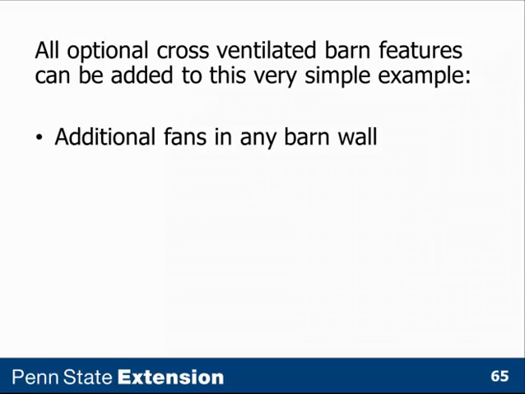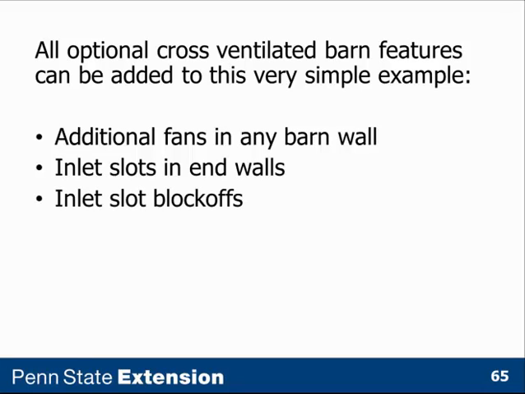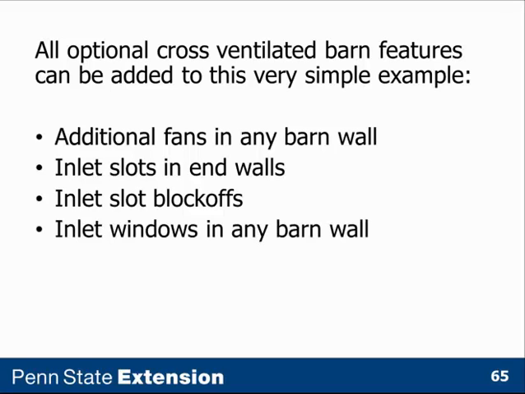In the barn ventilation system, we can have fans in both side walls, fans in the end walls. We can have inlet slots in the end walls. We can block off portions of those inlet slots anywhere. We can use inlet windows instead of inlet slots. Some ventilation systems use adjustable windows in the side walls or end walls for their air inlets.